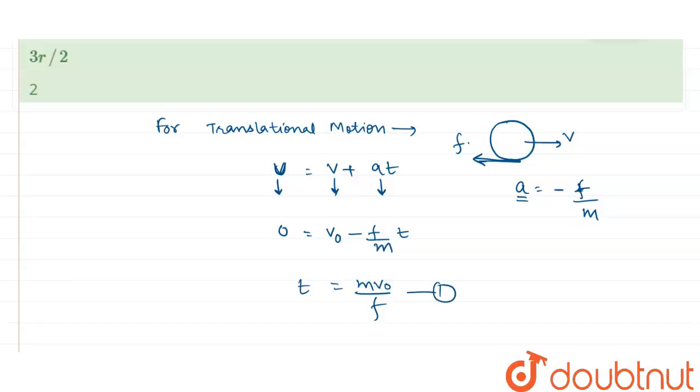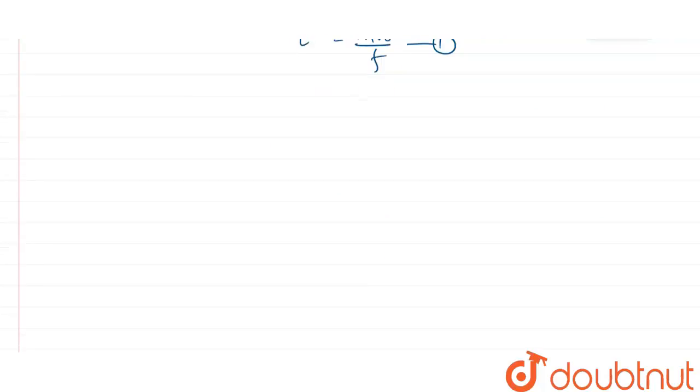Now this body is also doing rotational motion, so similarly I am going to write the equation of motion for rotational motion. In rotational motion the velocity is given as angular velocity and the acceleration as angular acceleration.